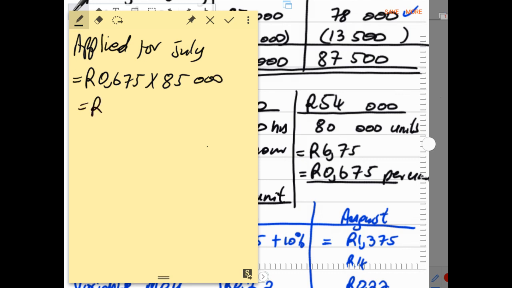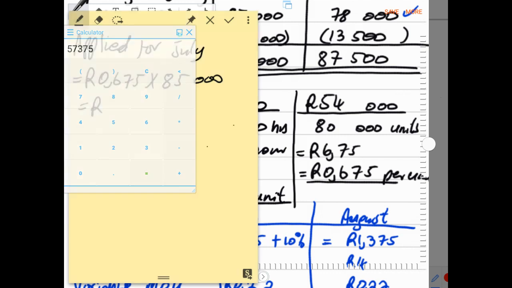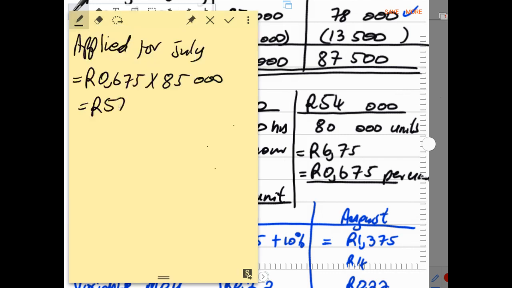Therefore, let us check how much we get. 0.675 times 85,000 will give us 57,375. Remember, we were allocating our overheads using the number of labor hours, not the number of units. So this method is in question a little bit, but the amount is correct.